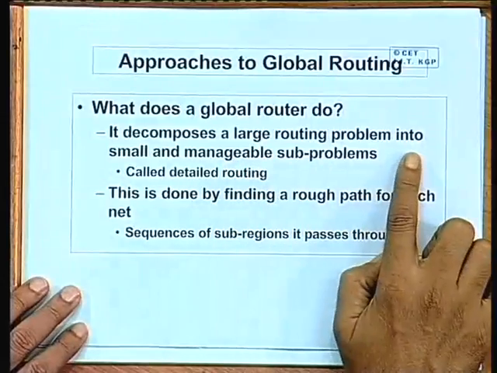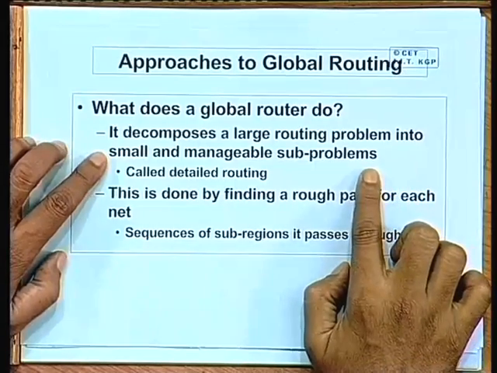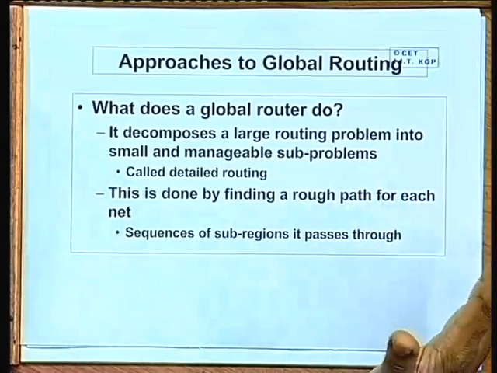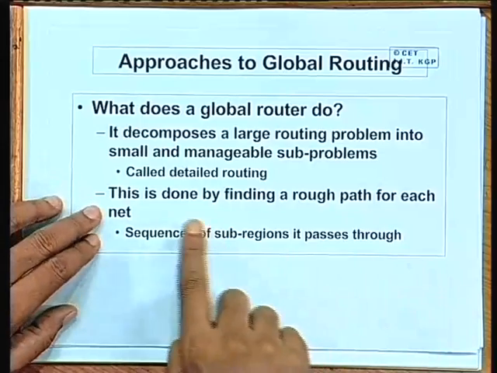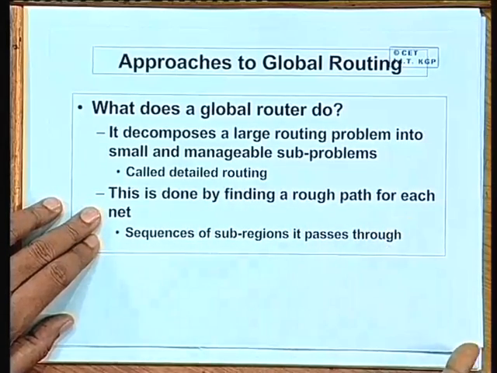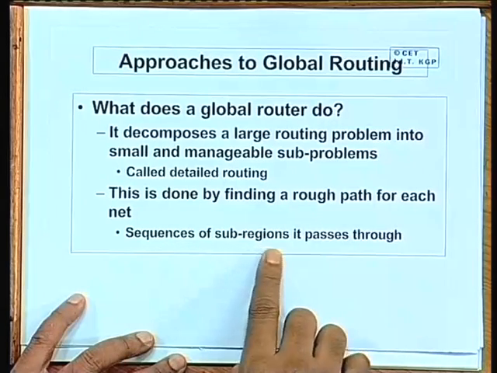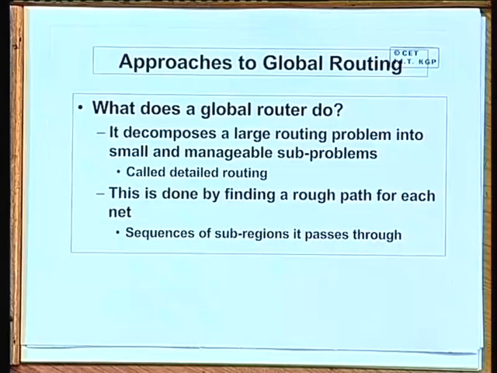Well, this already we have mentioned. The basic approach to the global routing is to decompose a large routing problem into small and manageable subproblems by identifying the routing regions or the channels, and this is done by finding a rough path for each net with respect to the data structures we have just introduced. Okay, fine. So actually we are finding out a sequence of subregions that are passed through.